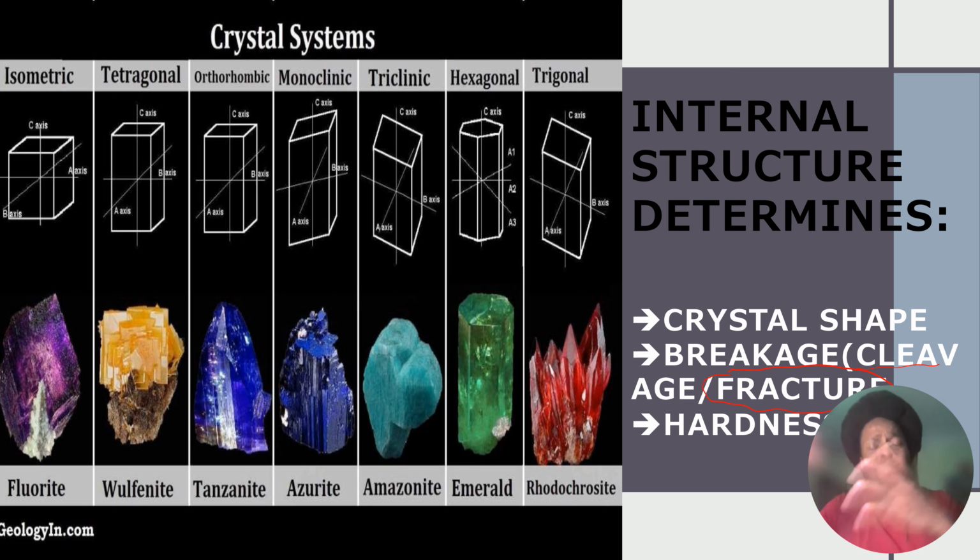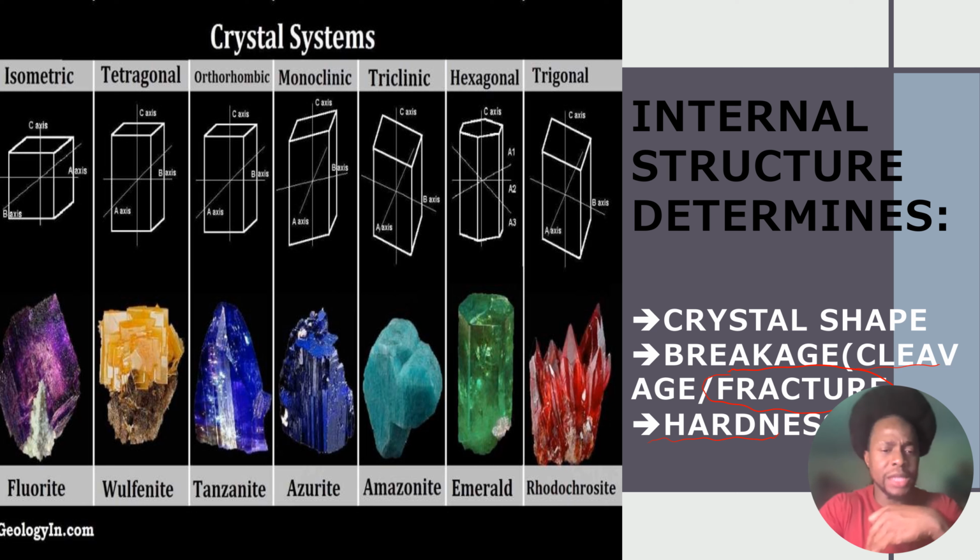All right, so the way the mineral breaks is determined by how the internal structure is arranged. And then lastly, the internal structure arrangement also determines the hardness. So in a nutshell, the way the atoms are arranged within the mineral will determine how hard the mineral is, will determine the cleavage or the breakage of the mineral, and the shape of the crystals of the mineral.